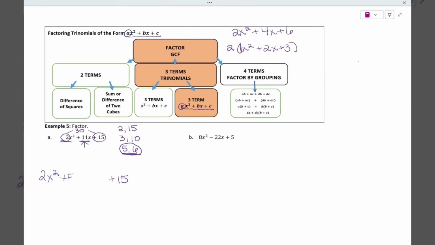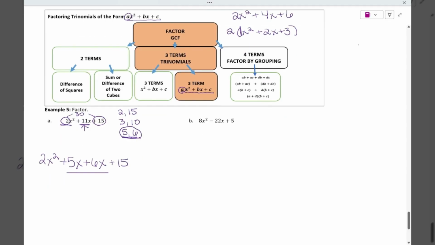So 5x and 6x, those coefficients, 5 and 6, with the x, give me the 11x, right? Look at this new polynomial: 2x squared plus 5x plus 6x, that's 11x, plus 15. That's the same as my original polynomial. I just rewrote it with 4 terms.